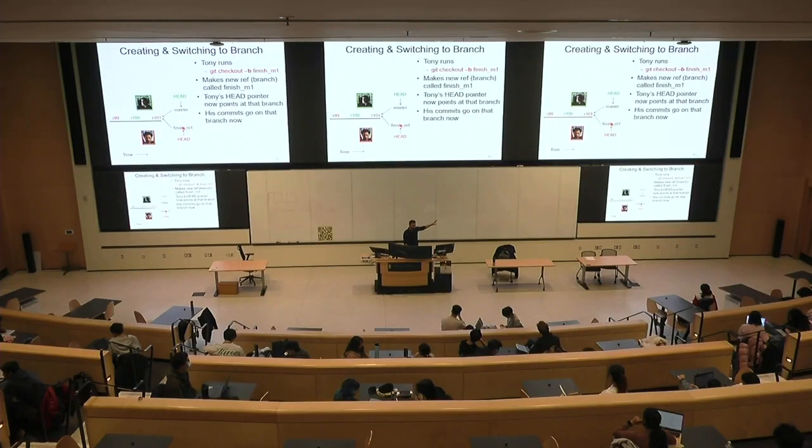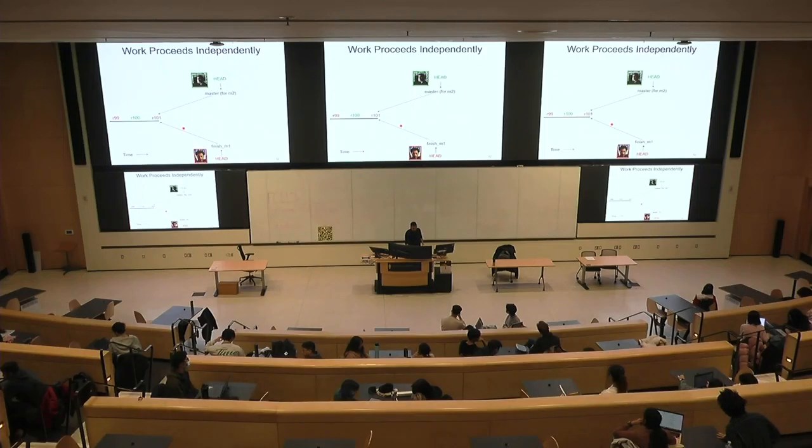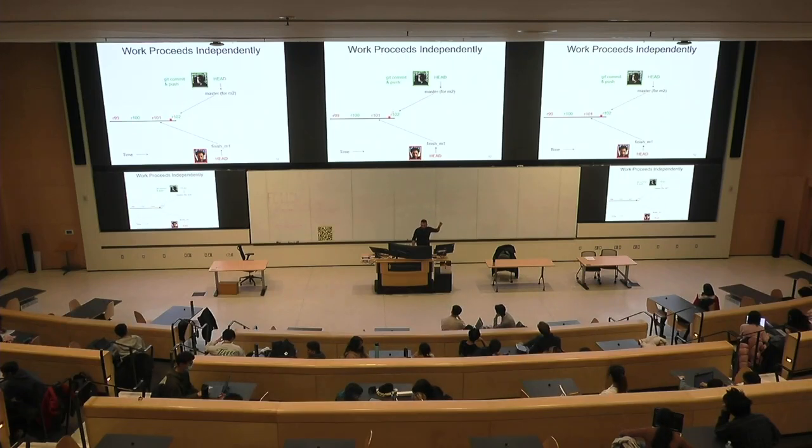Both of them are still at the same commit, R101. Now, each one proceeds working independently, and let's say that Bruce still continues working on master. He's developing milestone 2 now, and he made some changes, committed and pushed. So the master branch on the remote repository now reflects R102, which is still the same branch that Bruce is working on. While Tony is still working on the finish M1 branch, and his head is still pointing to R101.